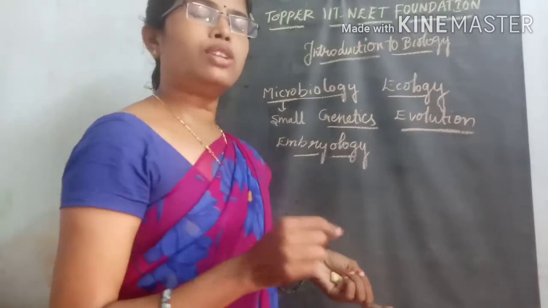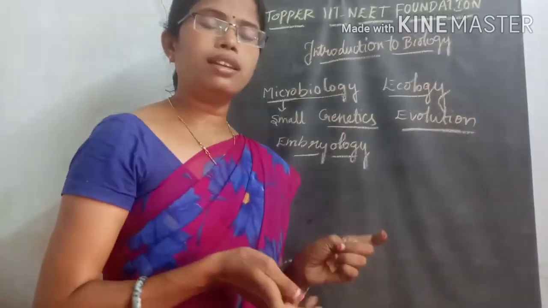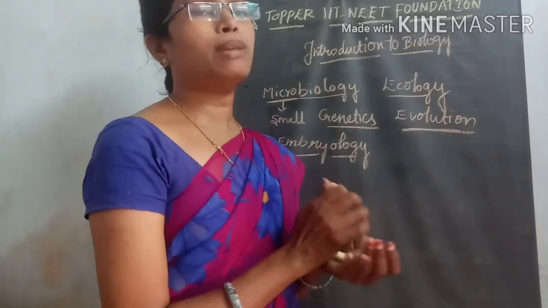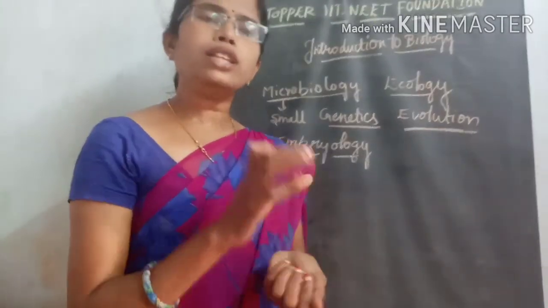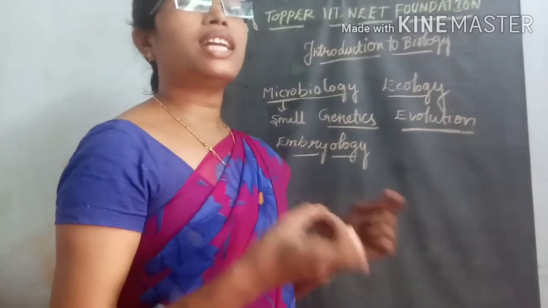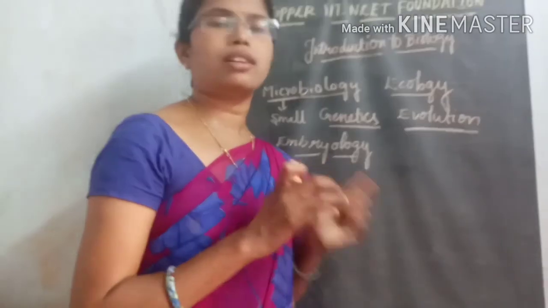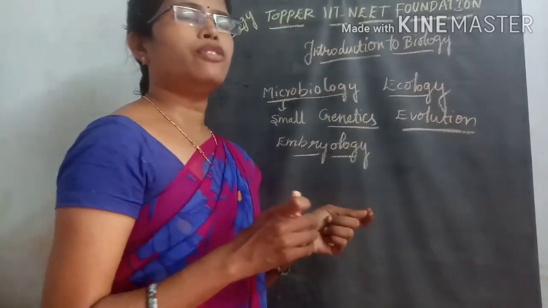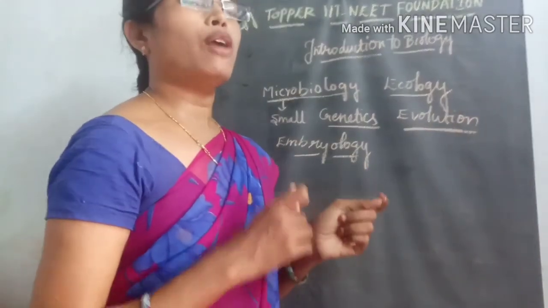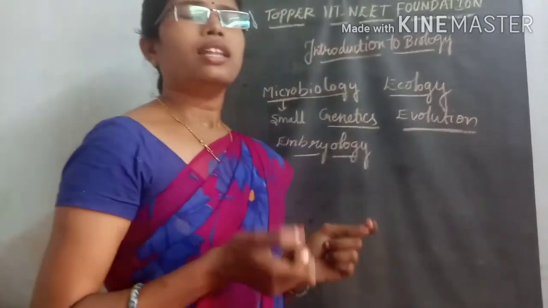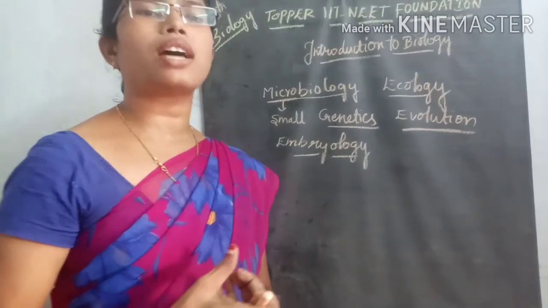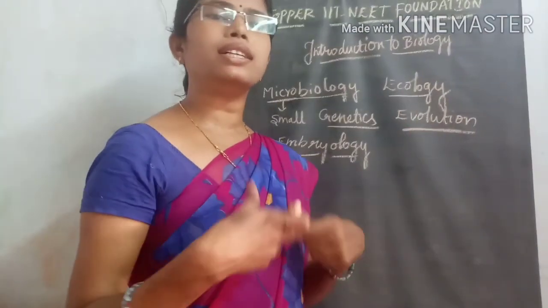But coming to the complex organization in human beings, if you take one system, that system contains so many organs. For example, in the digestive system, from mouth to anus, there are a lot of organs, a lot of systematic presentation.